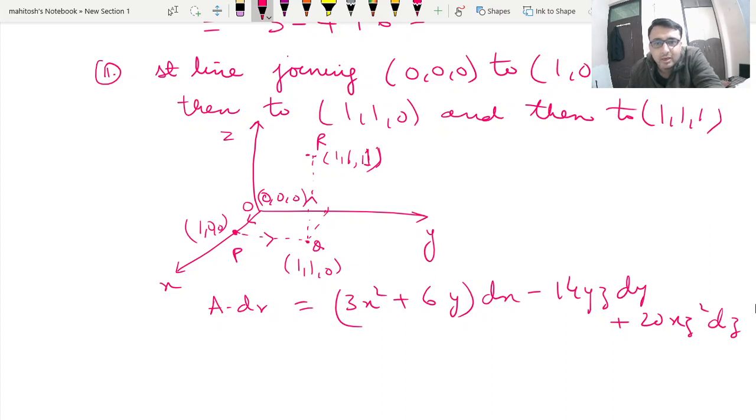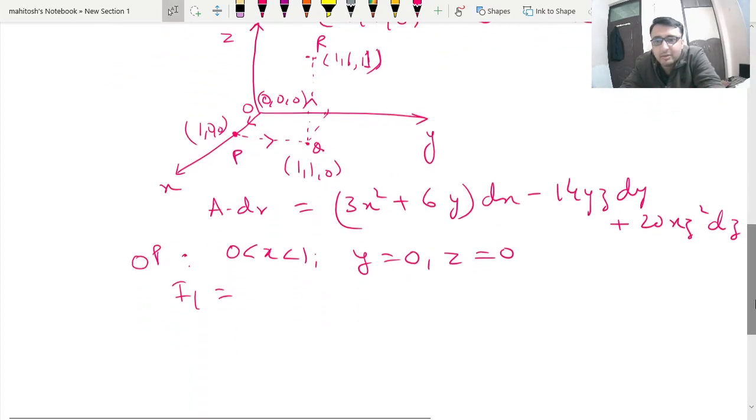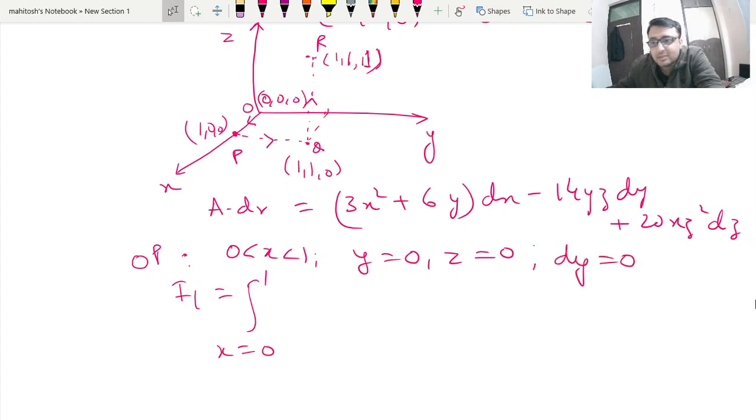Now I am interested in computing my line integral along OP first. On OP, x varies from 0 to 1 and y and z are 0. If I call this integral along OP I1, then x runs from 0 to 1 and dy is equal to 0 and dz is equal to 0.